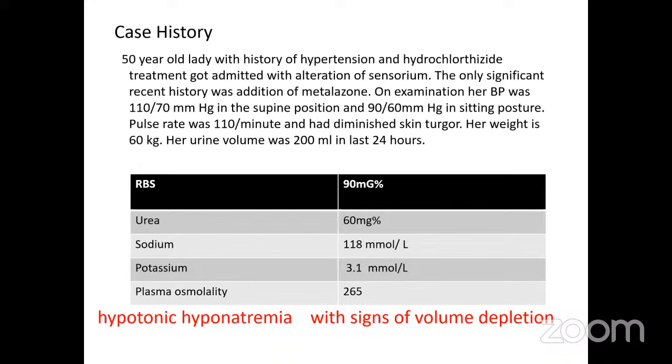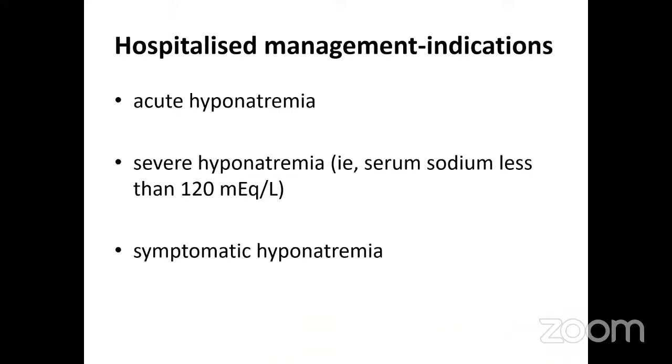She was tachycardic. She had diminished skin turgor. She was weighing 60 kg and she was oliguric. Her blood sugar was 90, urea was 60, sodium was 118, potassium was 3.1. So she had a hypotonic hyponatremia with hypovolemia.